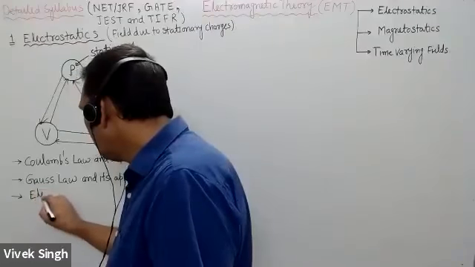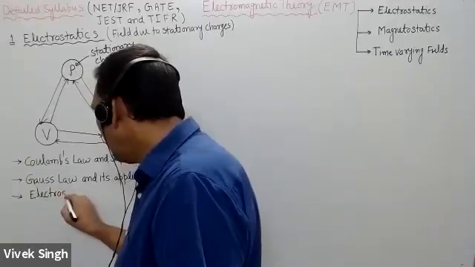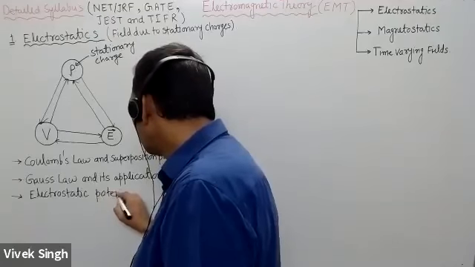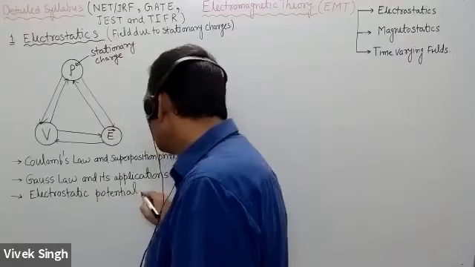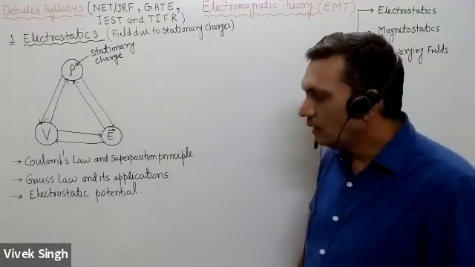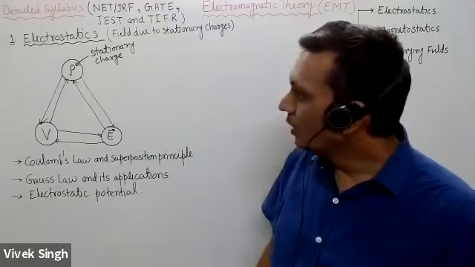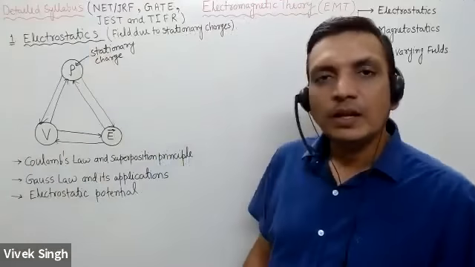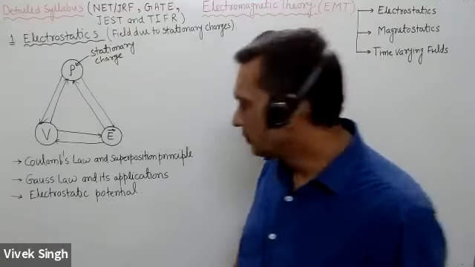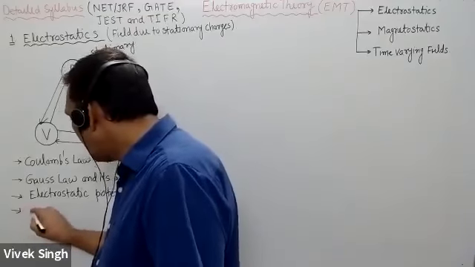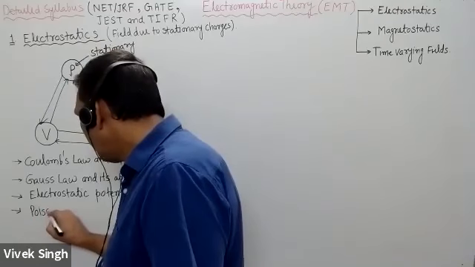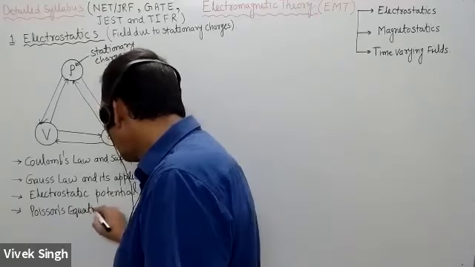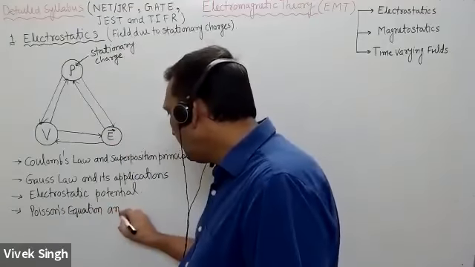So the next topic will be electrostatic potential. You will see when potential is given and you have to find charge density, we can use Poisson's equation. So we will also talk about Poisson's equation and Laplace equation.